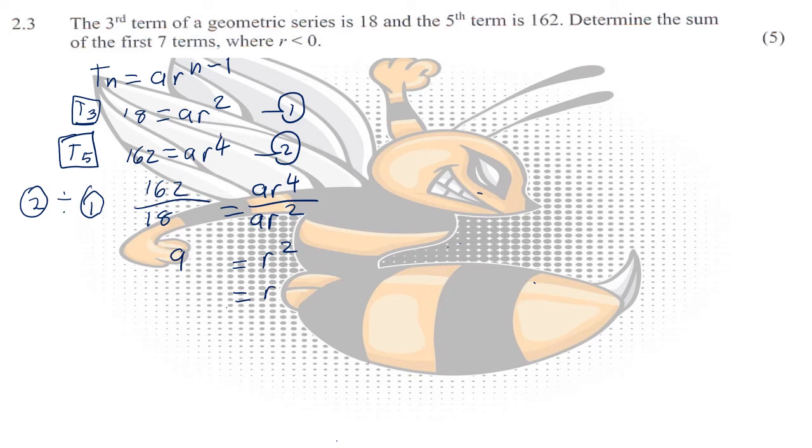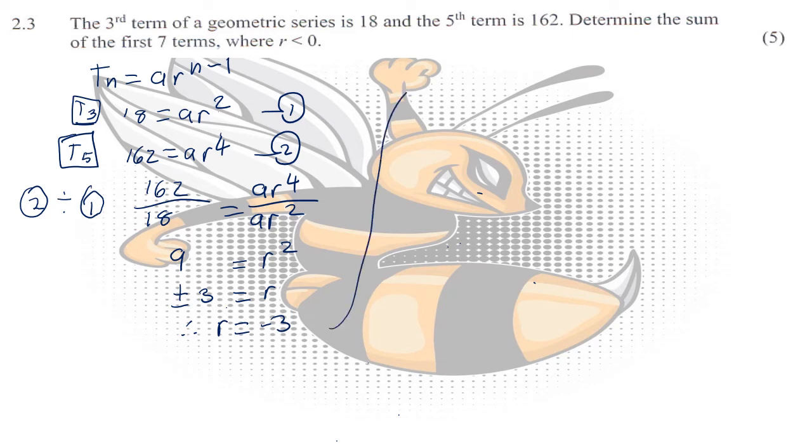So r is going to be plus minus 3, because the square root of 9 is plus minus 3. And now it's important to go back to the information, because they told us that r must always be smaller than 0. Thus the r value we are going to use is r is equal to minus 3.